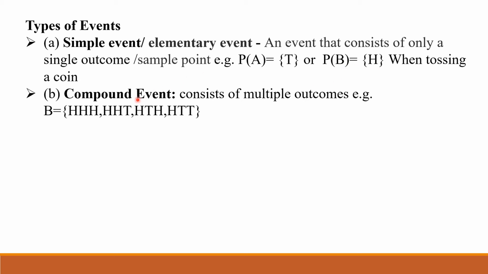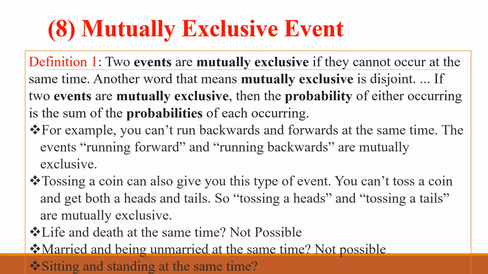If I have a compound event, then we are saying that it has multiple outcomes. So I'm tossing 3 coins simultaneously. Then you expect the outcome to have multiple outcomes. These are multiple events. So if you're tossing 3 coins simultaneously.